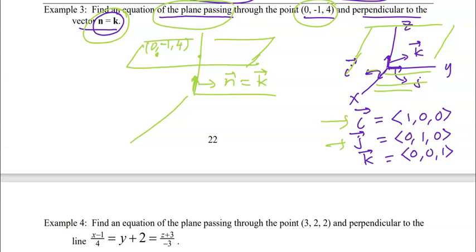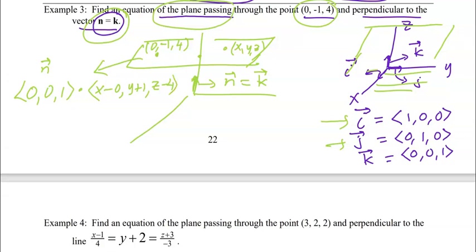So what is the equation of the plane going to be? Let's use the formula that we just did. (0, 0, 1) is the n vector, dotted with a vector from the known point to a general point (x, y, z) on the plane: x minus 0, y minus -1, which is y plus 1, and z minus 4.